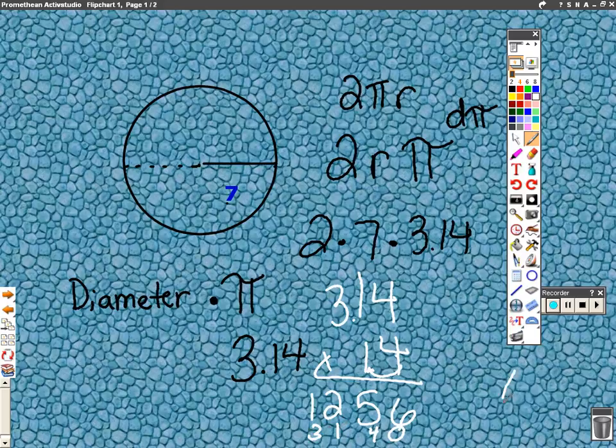Add my digits. I get 6, 9, 3, 4. There are 2 numbers behind the decimal. Or I can think about this, 3 times 14, or 3 times 15, is close to 45. So where do I put my decimal to make the number close to 45? Right there. 43.96 is the circumference of this circle.